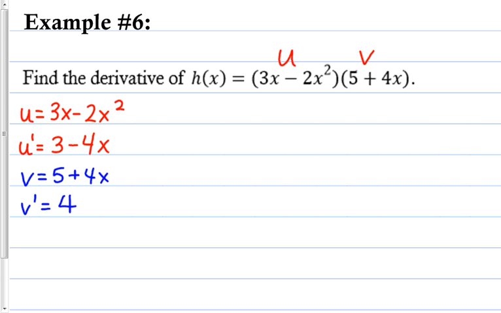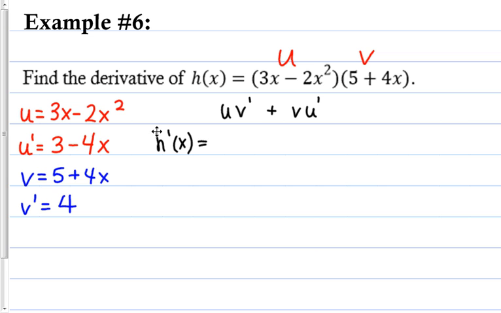So now I'm going to find my derivative. So h prime of x. And this is the product rule. So it'll be u times v prime plus v times u prime. Okay? U times v prime plus v times u prime. That's what I'm doing right now.